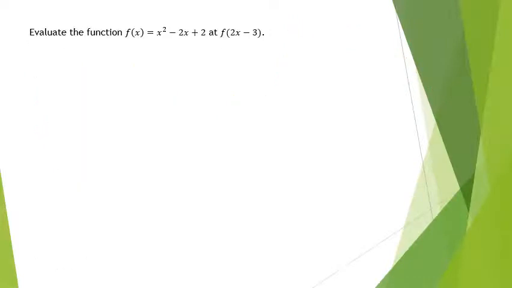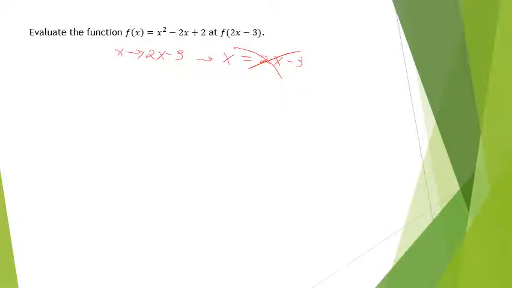Okay, ito na. Ito na ang sinasabi ko kanina. Evaluate the function f of x is equal to x squared minus 2x plus 2 at f of 2x minus 3. Yung x, i-replace natin ng 2x minus 3. Hindi natin isa-substitute. Kasi diba, meaning ng substitute, x is equal to 2x minus 3. Maling sabihin na ganyan.